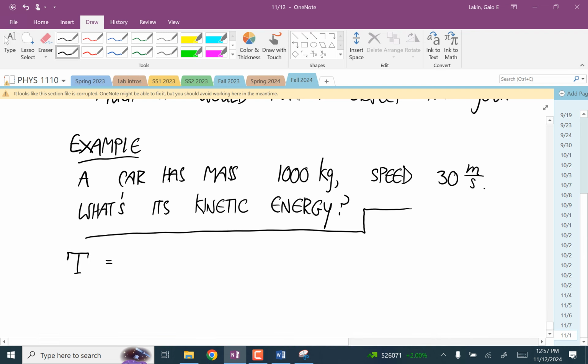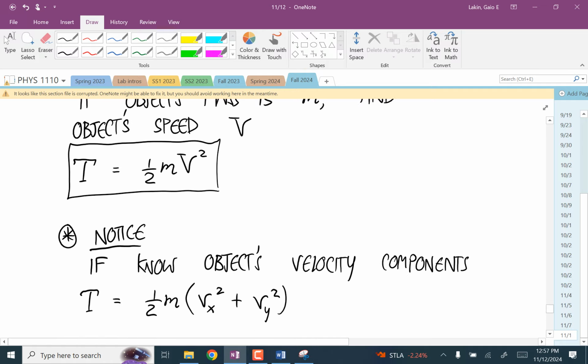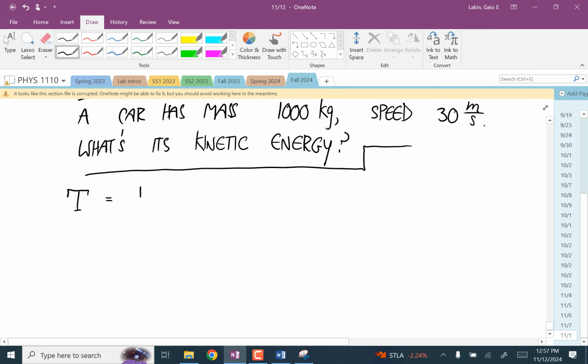The kinetic energy is 1/2 times the mass of 1,000 kilograms times the speed squared, 30 meters per second squared. And so 30 squared is 900. Half of that is 450 times 1,000 is 450,000 joules of kinetic energy.